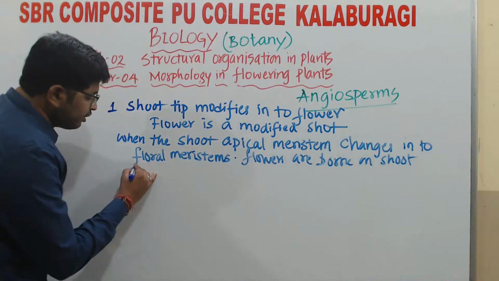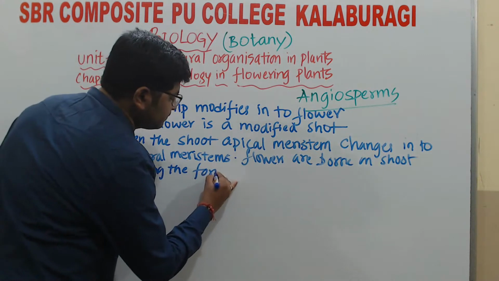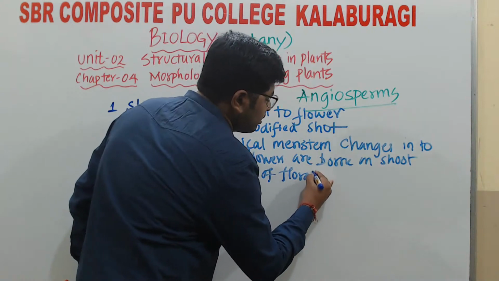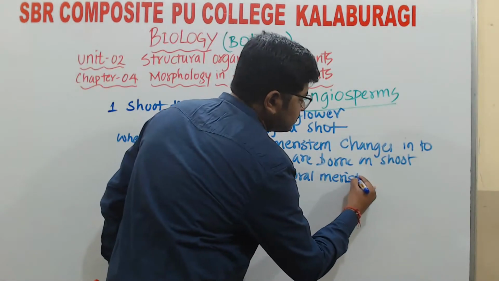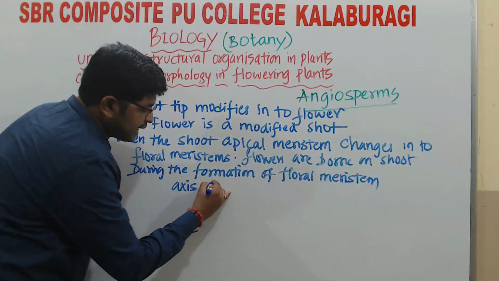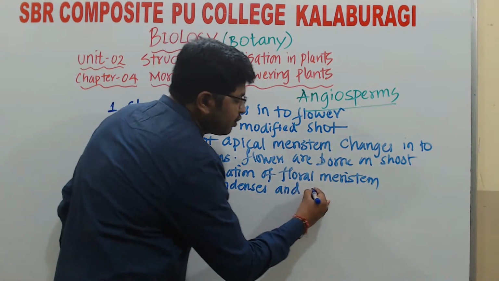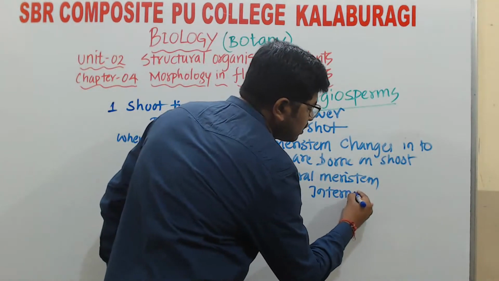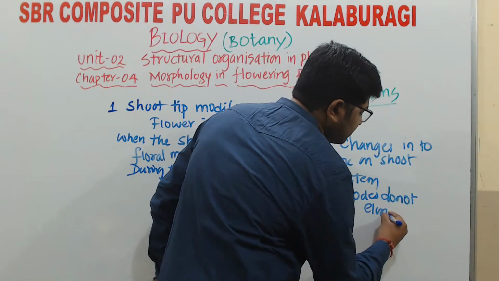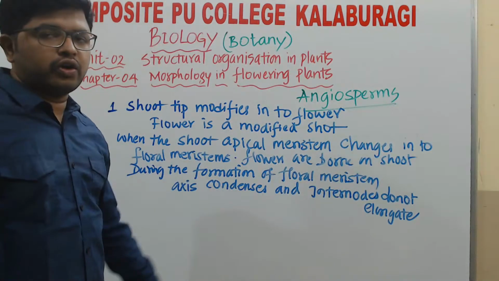Okay, during the formation of floral meristem, what happens? The axis condenses and internodes do not elongate. Internodes do not elongate.